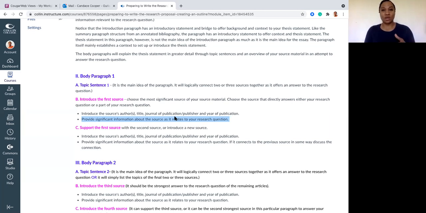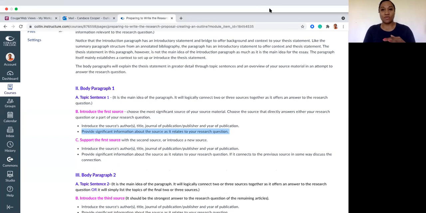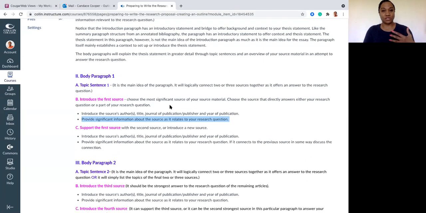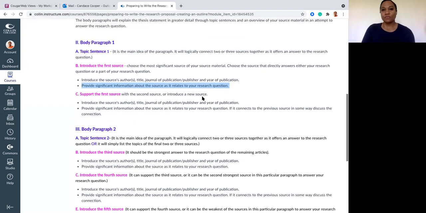It may not be strong enough though for you to avoid a plagiarism situation, right? So you want to make sure that you are following at least the instructions that I'm giving you to a T, because I'm teaching you how to write so that you don't plagiarize. Okay. All right. I hope I answered your question.